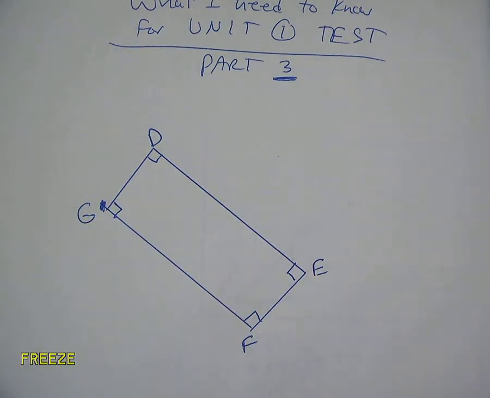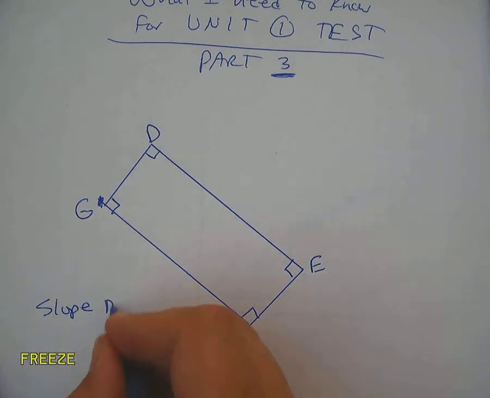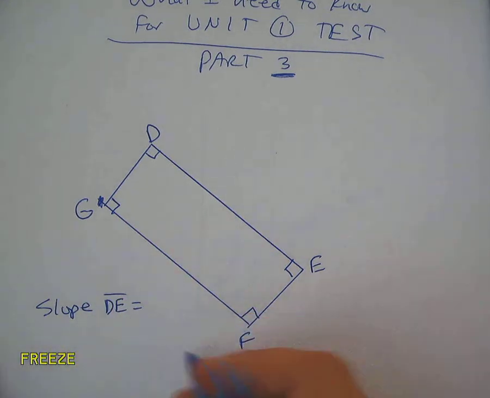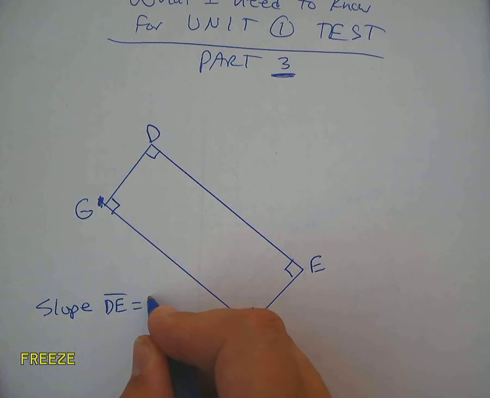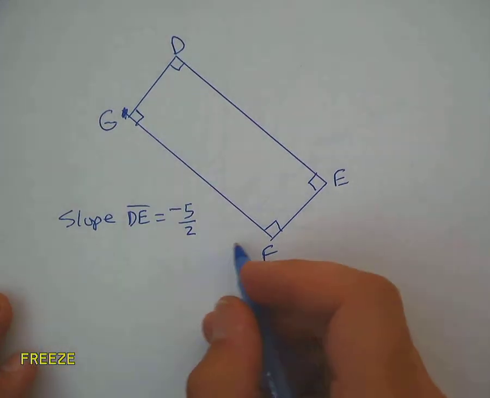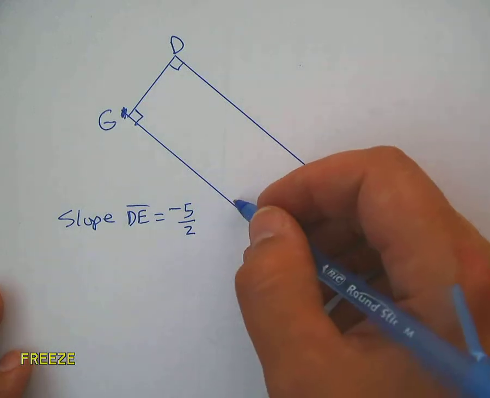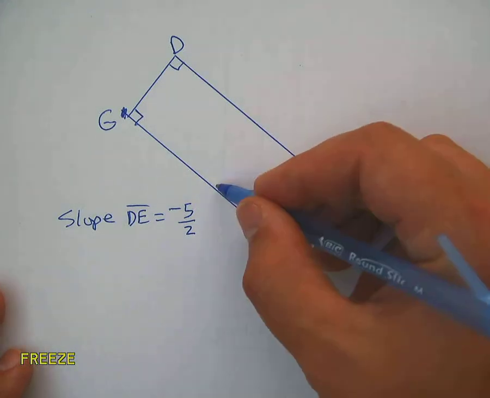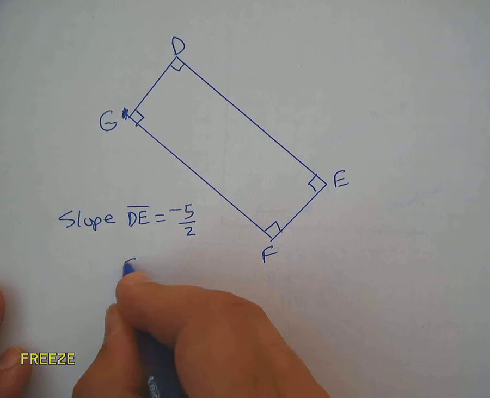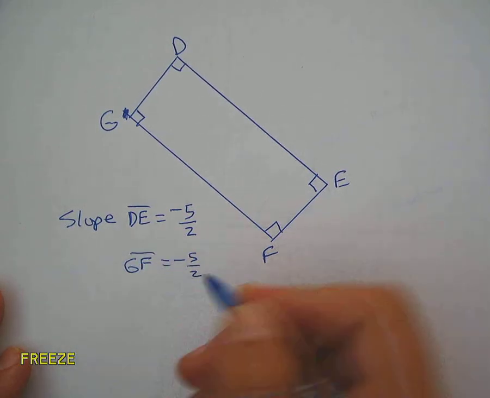Now, let's say the slope of DE is equal to negative 5 over 2. And let's say I want to figure out the slopes of the other sides. Well, I know the sides that are parallel are going to be the same. So the slope of GF is going to be negative 5 over 2.